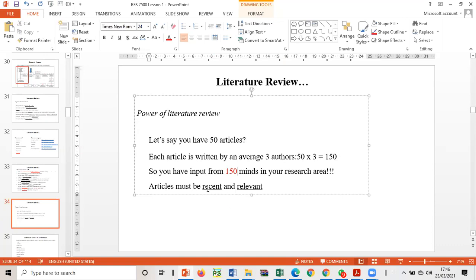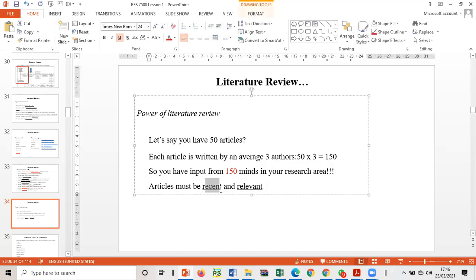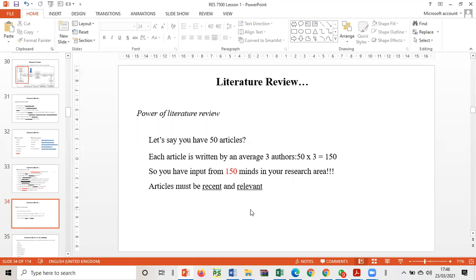Articles should be recent and relevant. Your supervisor may be outdated, a dinosaur, and that's not what's happening currently. But these people are telling you what is happening directly. Let's say from 2016 onwards. So that's relevant in that area. That's how you go in your research.